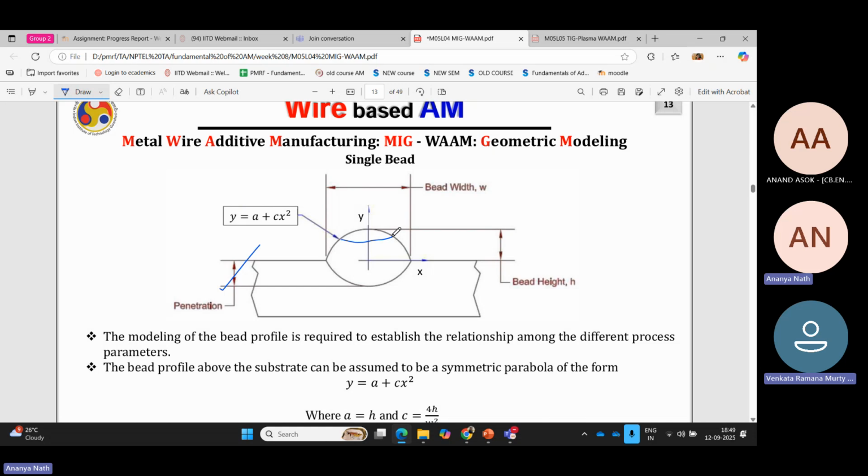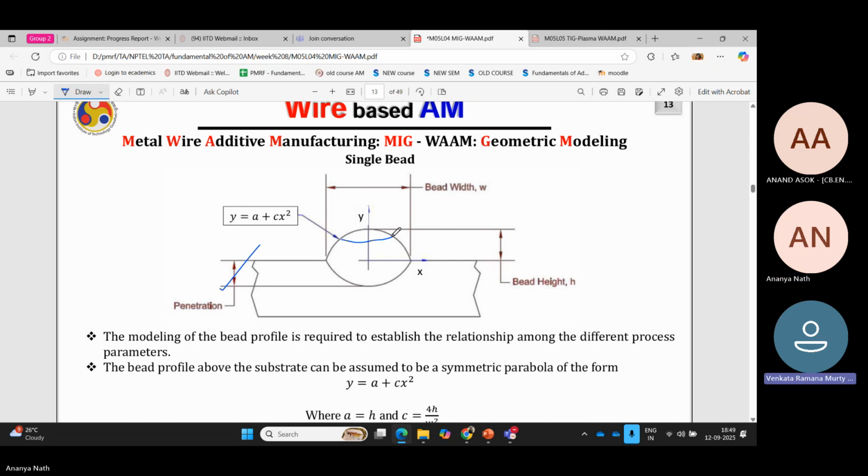Otherwise, how will the other layer get fused? It is melted, but while depositing the next layer, whether that new material is going to penetrate up to this much depth. Otherwise, how is your second layer going to be bonded with the first layer?